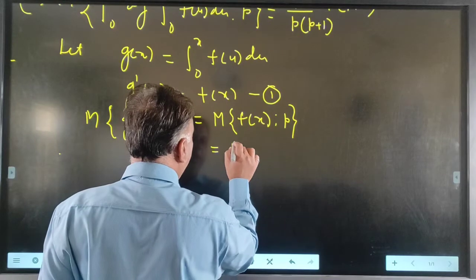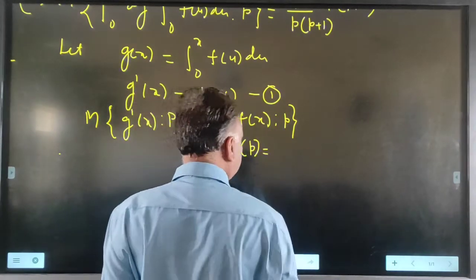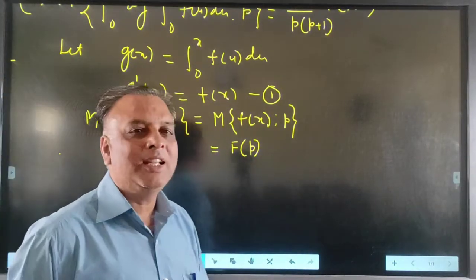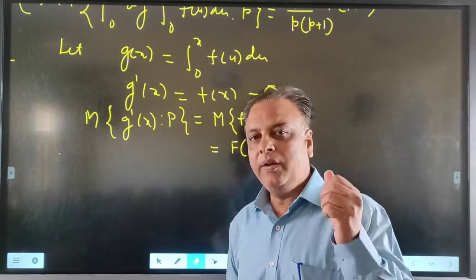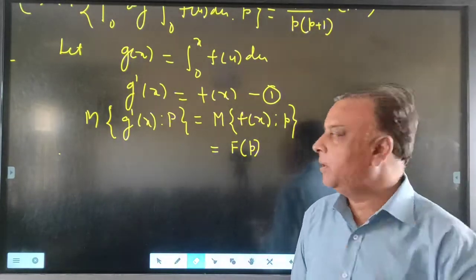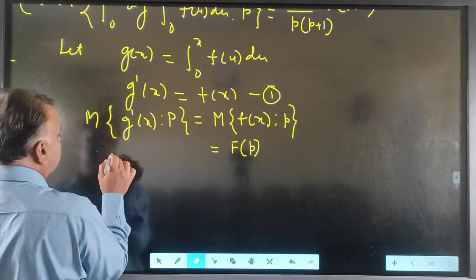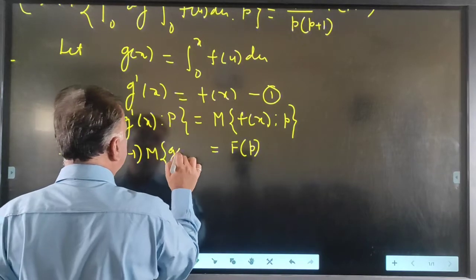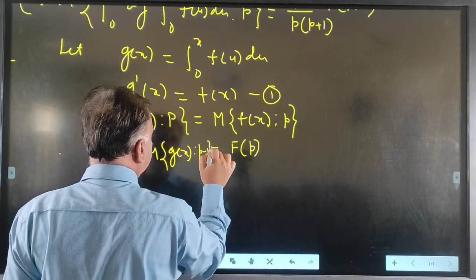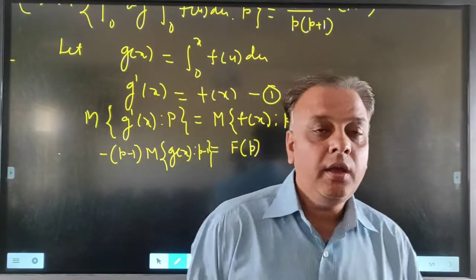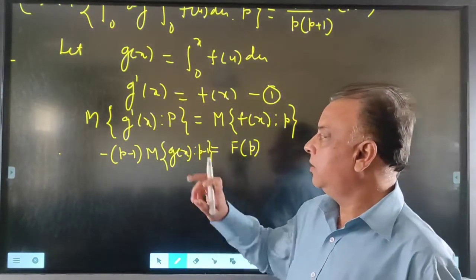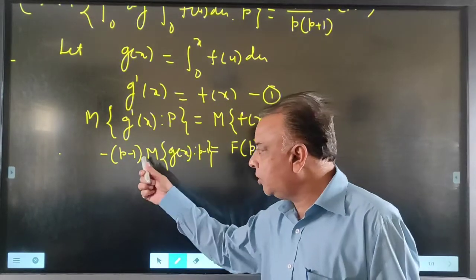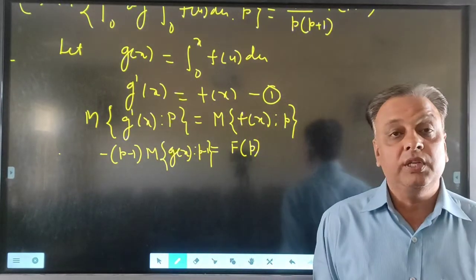By the definition of the Mellin transform of the derivative of a function, the Mellin transform of g dash x is equal to minus (p minus 1) times the Mellin transform of g(x) with respect to parameter p minus 1.